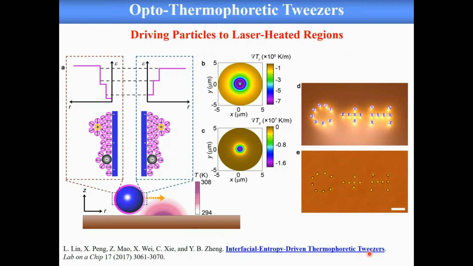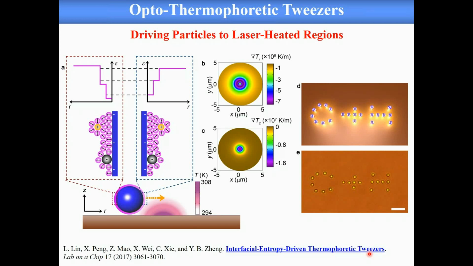A lot of colloidal particles suspended in solvents will move along this temperature gradient. But unfortunately, a lot of the time the motion is from the hotter to the colder region. That means whenever there's a laser beam, you basically push the particles away, which contradicts our purpose of using the laser beam to capture the particles. So we have to solve this problem.